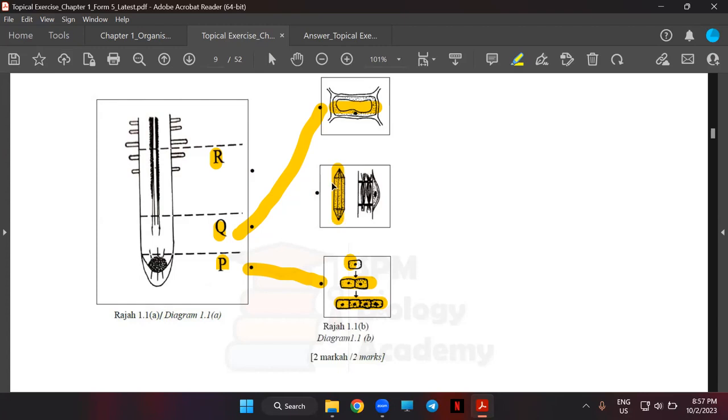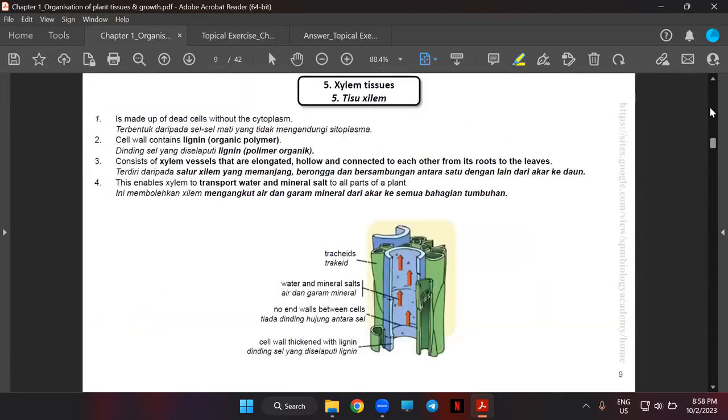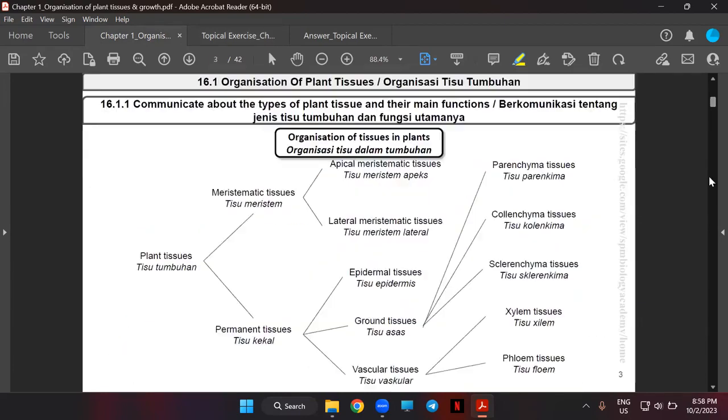Dan trachea ni terlibat dalam pengangkutan air. Dia adalah sebahagian daripada xylem tissue. Manakala gambar yang kedua ni ialah phloem tissue. So trachea dengan phloem tissue ialah vascular tissue. This is vascular tissue. If you still remember, vascular tissue ialah permanent tissue, tisu kekal.